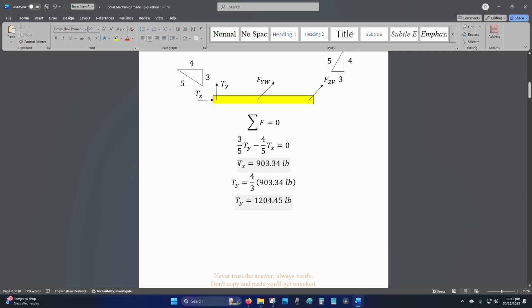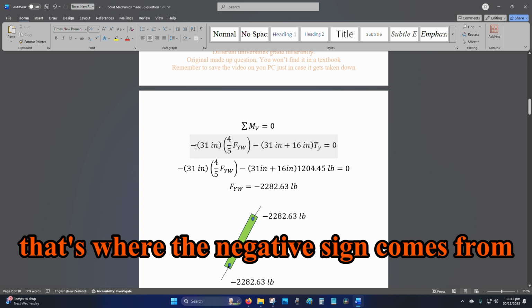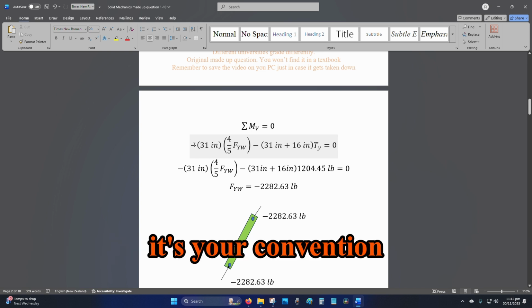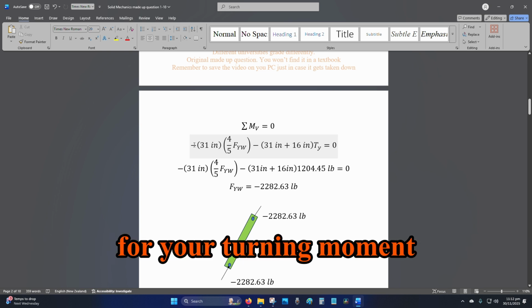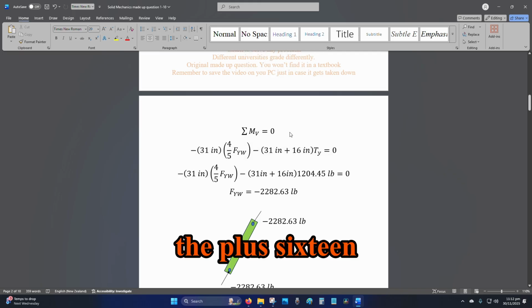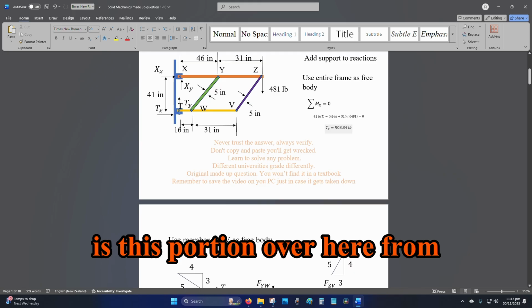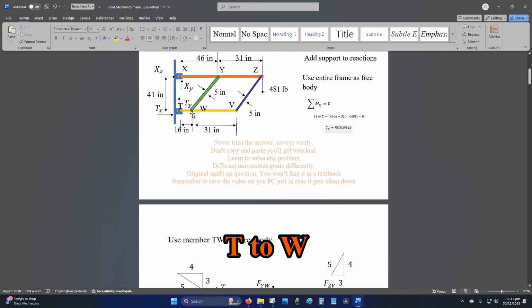So that's where the negative sign comes from. It's your convention for your turning moment. So the plus 16 is this portion over here from T to W, that point.